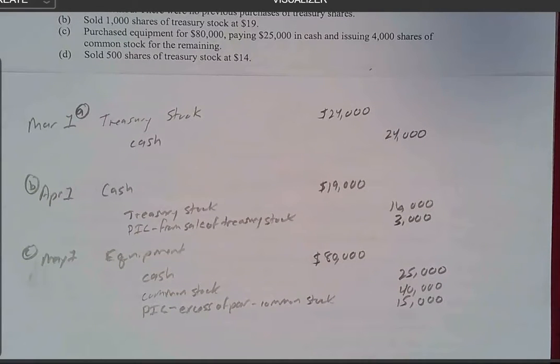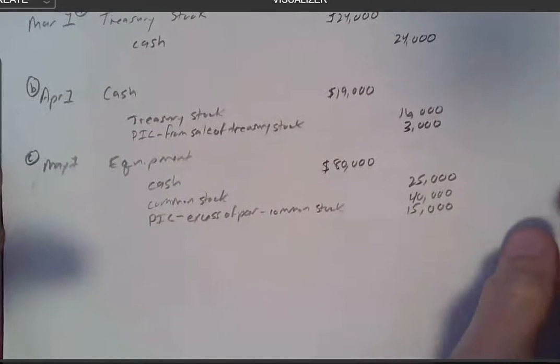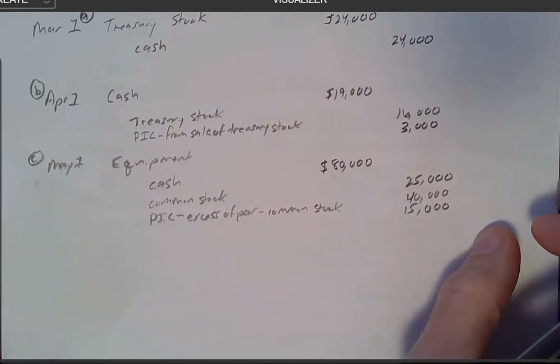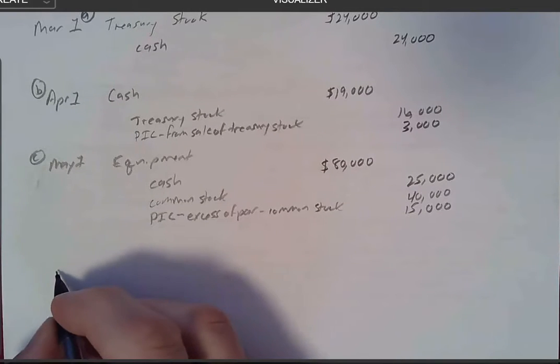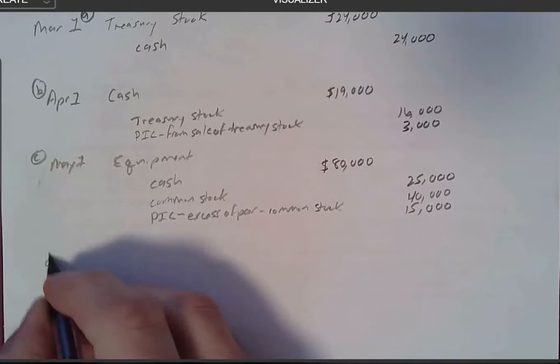It says that we sold 500 shares of Treasury stock at $14. So I just had an idea. So our D requirement, let's do this a little bit differently.